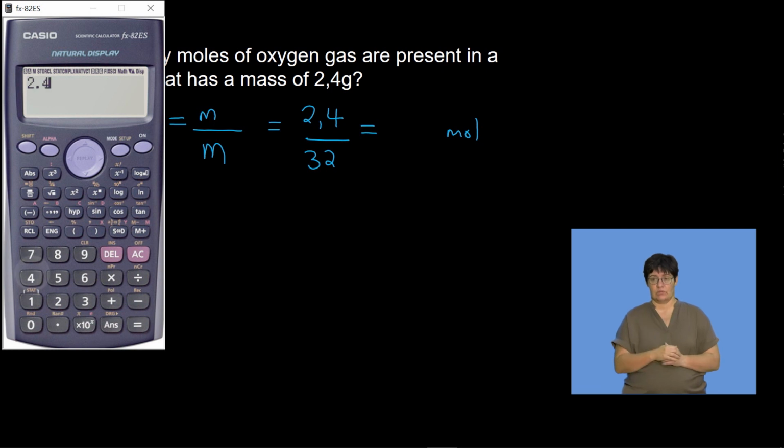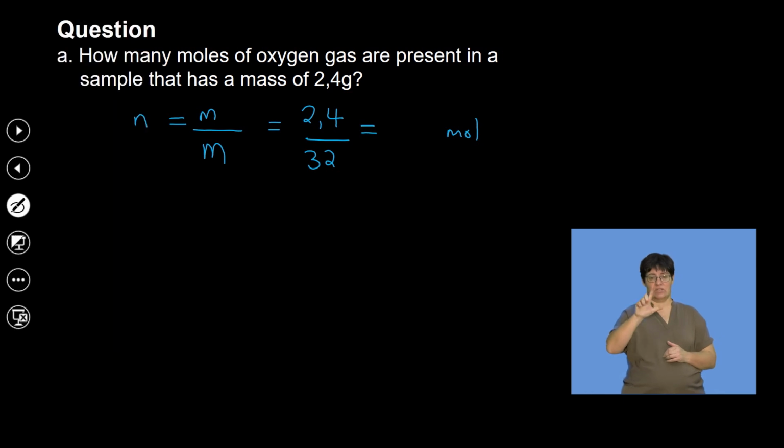That is a decimal fraction, 0,075. So this is less than 1 mole, because it's 0,075. So this is the quantity of moles that is present in that sample.